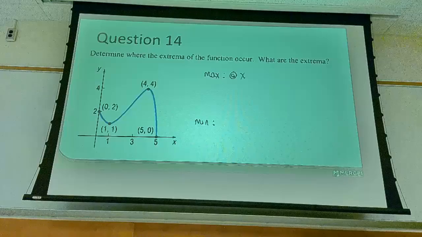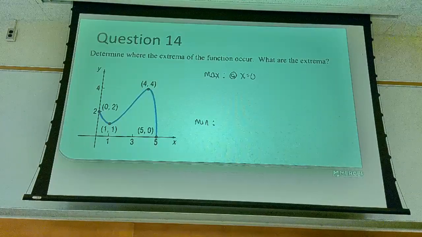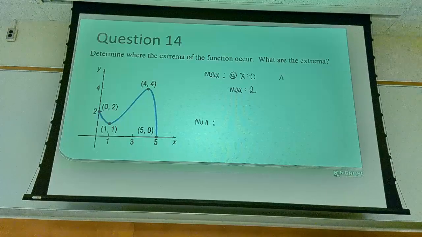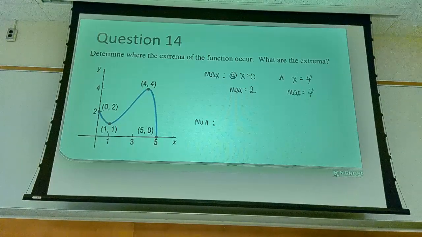Or 0. And then a maximum of 2. And then x equals 4 with a maximum of 4. What about the minimum?